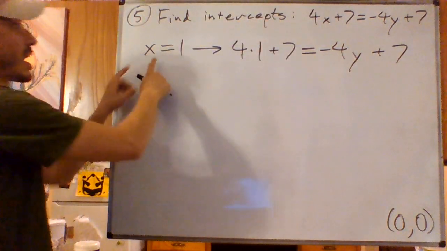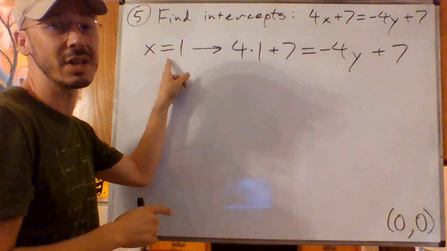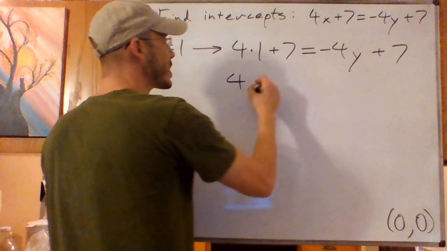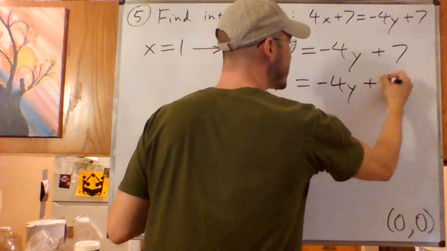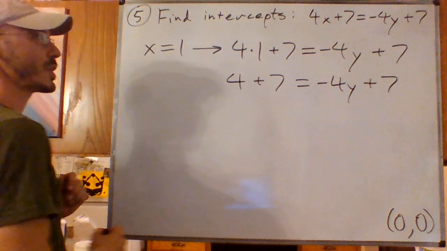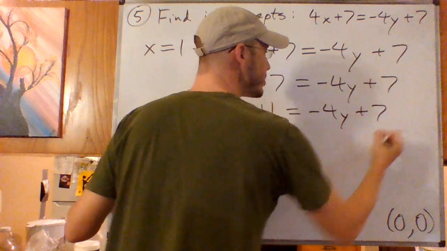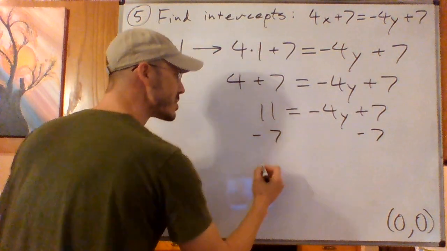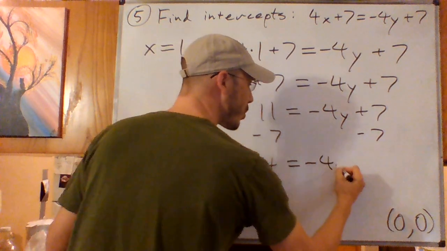I just replaced the x with 1. There's nothing special about this number. You can actually do any number you want. 1 just makes it simple. 4 times 1 is 4, plus 7 equals negative 4y plus 7. Or 11 equals negative 4y plus 7. And then if I subtract 7 from both sides, I get 4 equals negative 4y.